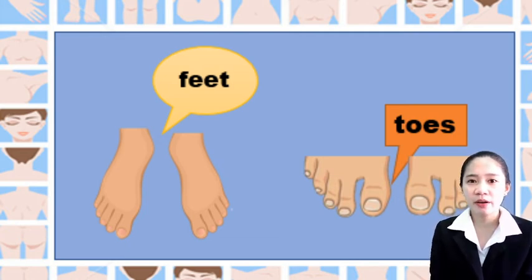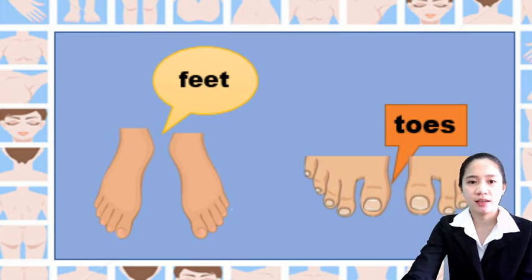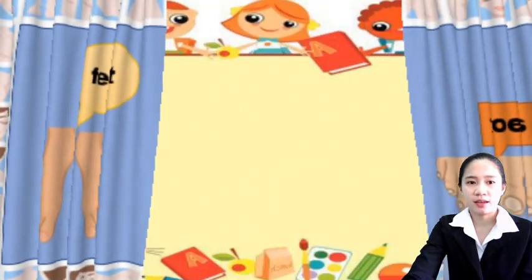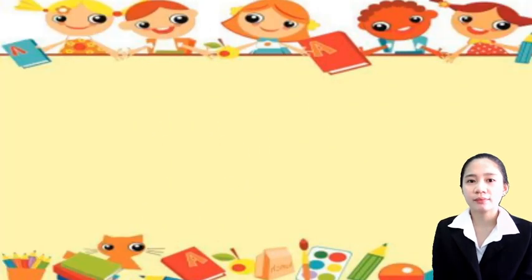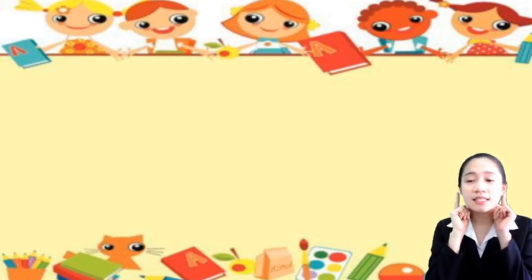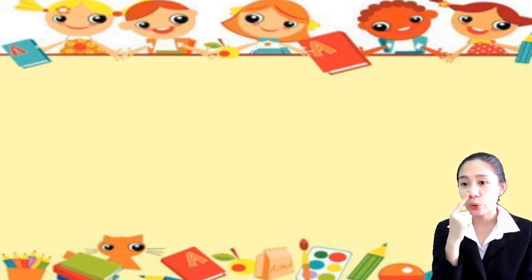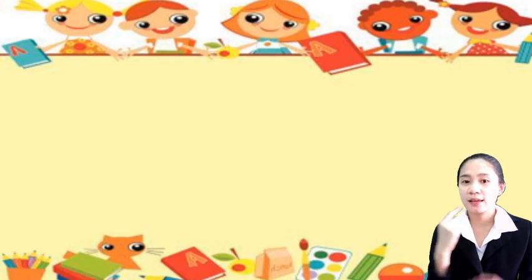Can you remember? Okay, to start with, we have here our head, eyes. We have here our eyes. This one is our ears. This one is our nose. This one is our mouth.